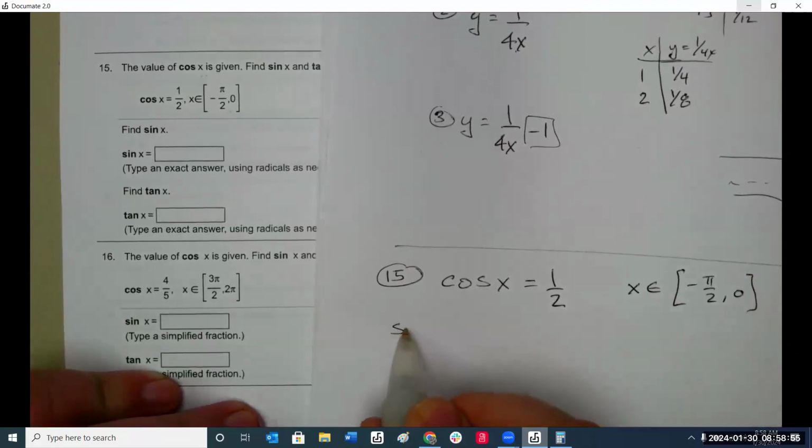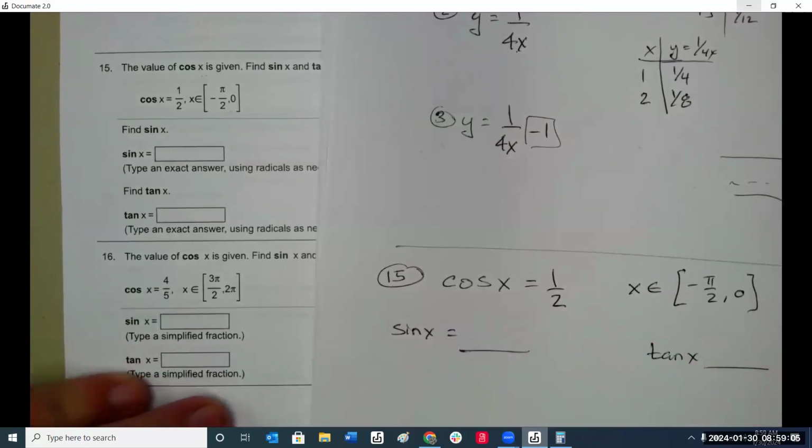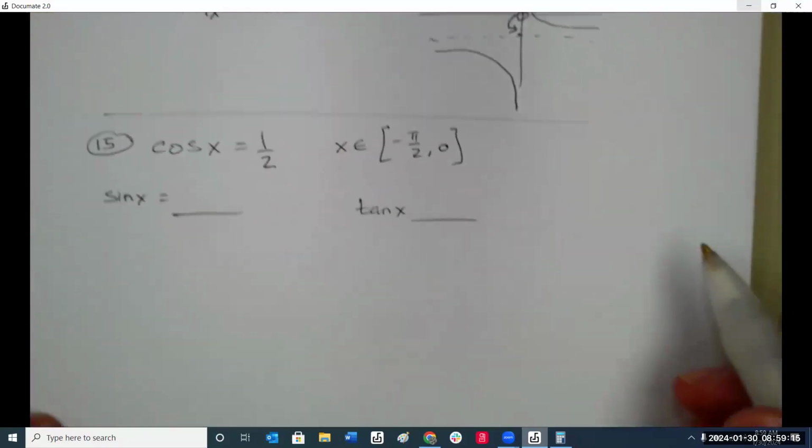We have to find sine x and tangent x. So how would you go about doing that?